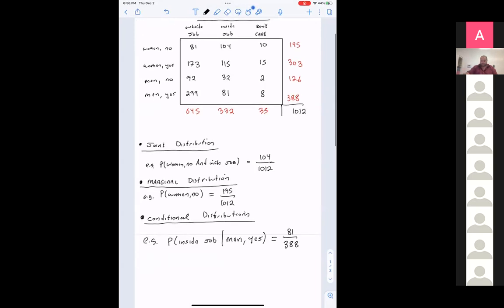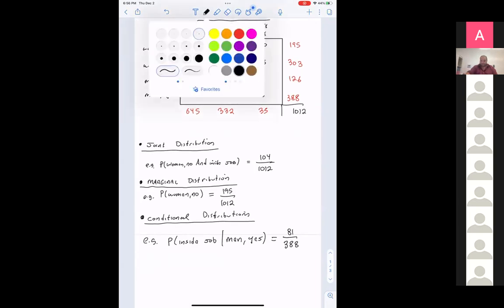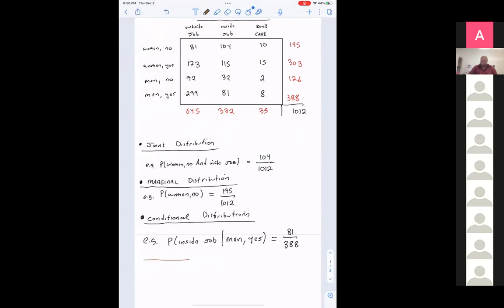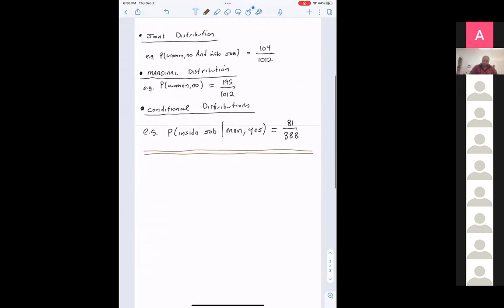Yes. Okay. So now we're going to end the chapter with the idea of Simpson's Paradox, named after the eminent mathematician Homer Simpson. And we have the following example.